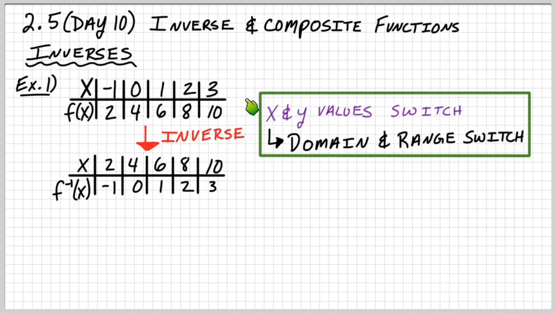So if the x and y's are just switched, the domain and range will just switch. And notice in pre-calc a lot of times we don't say x, y, we say x, f of x. We use that notation. But f of x and y are interchangeable.